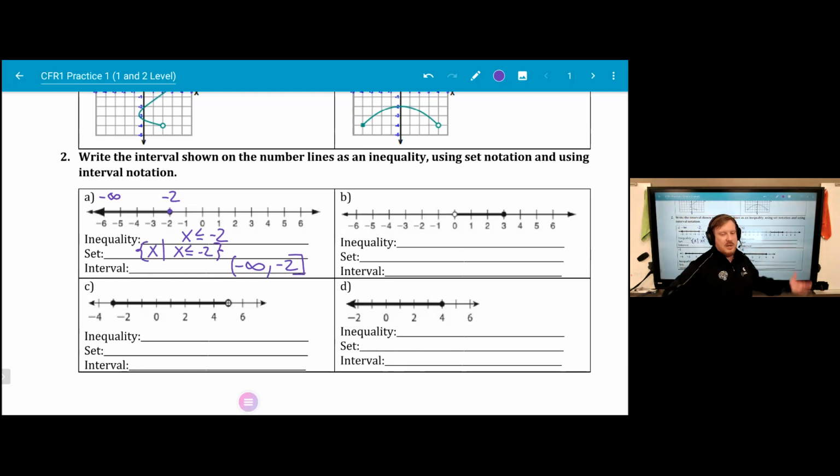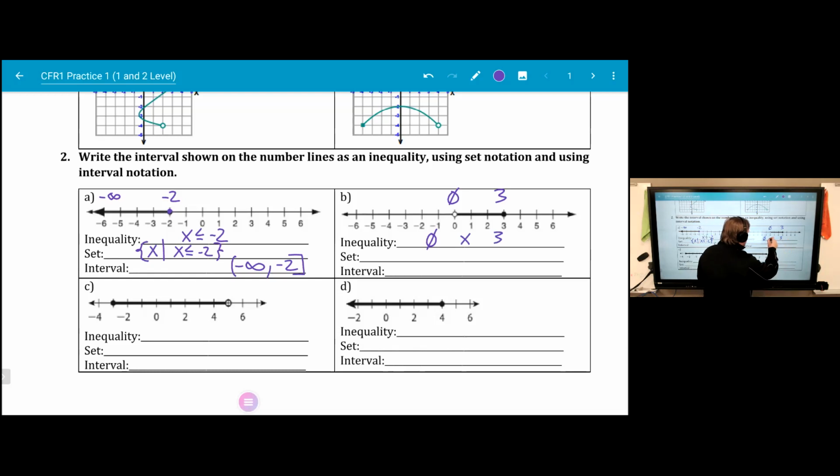Well, what do you do when you've got, in this case, a line segment or a segment, a bounded value? Well, you still do the same thing. You write your smallest value, 0. You write your biggest value, 3. Well, because I've got two values, I'm going to have two different things going on here. So I'm going to say X has to be somewhere between 0 and 3.